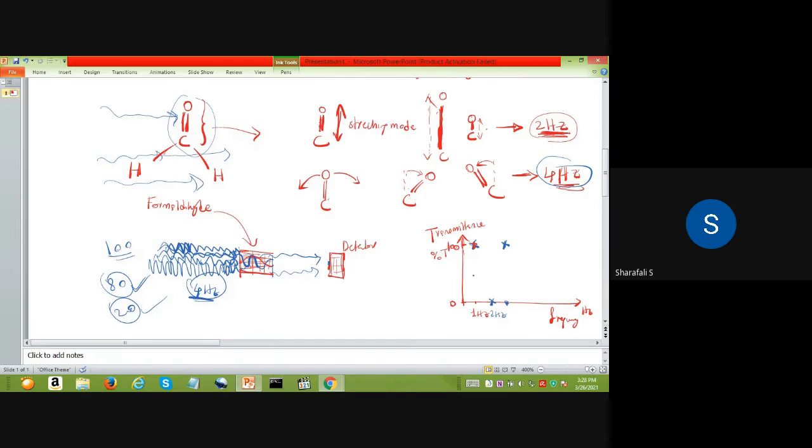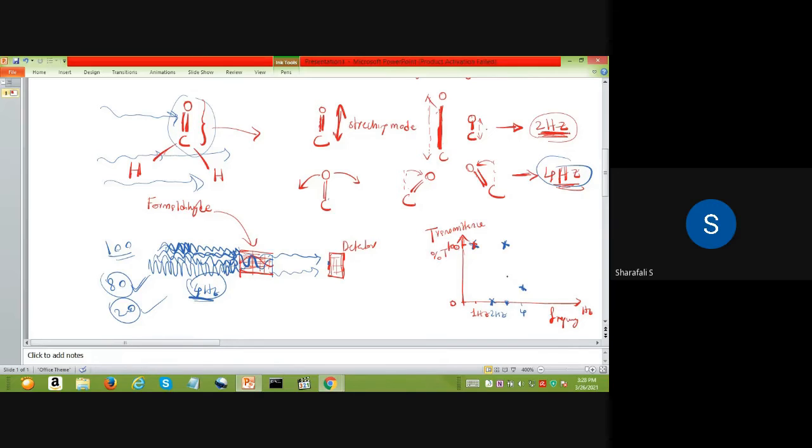So in that case, 80 photons get absorbed, which means 80% of the total photons get absorbed. So at 4 hertz, we will get around 20 in the transmission spectrum. Sorry, this is the transmission spectrum.